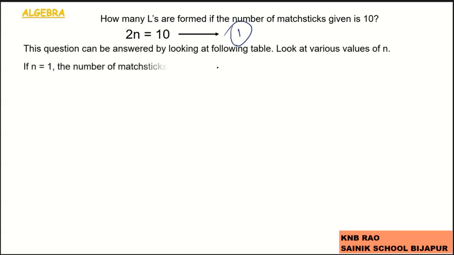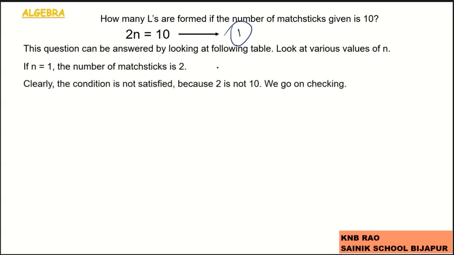Look at various values of n. If n equals 1, the number of matchsticks is 2. Clearly the condition is not satisfied. This equation is not satisfied, because when I substitute n as 1, it becomes 2 into 1, which is 2, which is not equal to 10, the number of matchsticks with which we are actually provided.